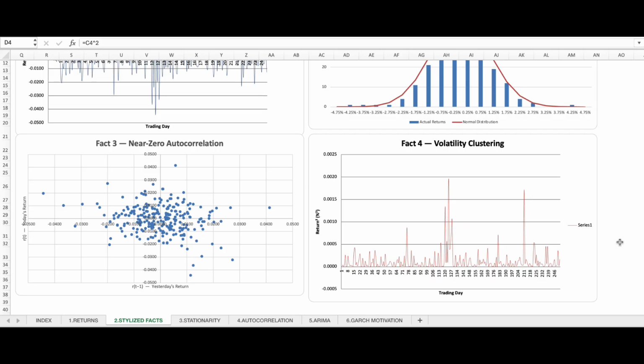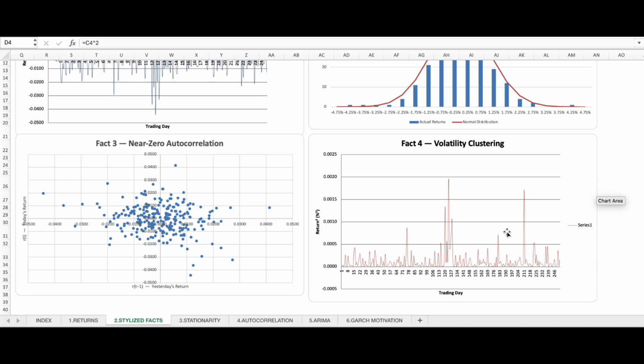So what it means here is volatility is not constant. Means if I told you that yesterday saw a very large return, you should expect that tomorrow should also have a large move, even if you have no idea whether it'll be a positive move or a negative move. The size of moves is predictable even when the direction is not.